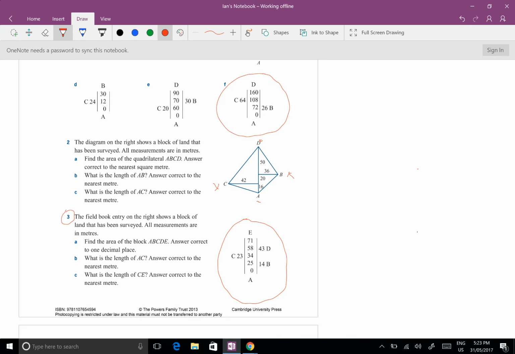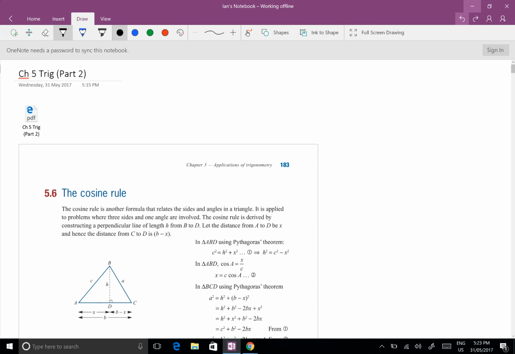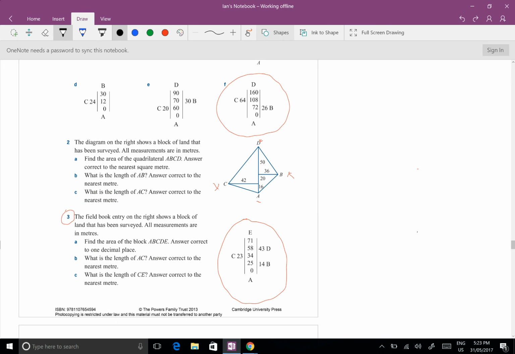Now the first thing, always, if you've got time, do a quick sketch. So I'm going to draw this and I'll try that again. I need a straight line going up.